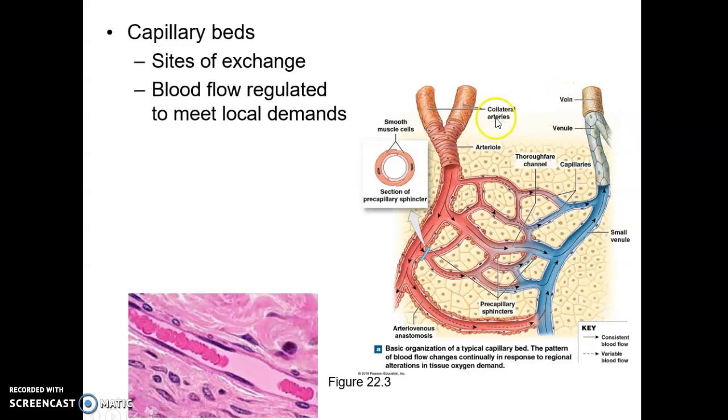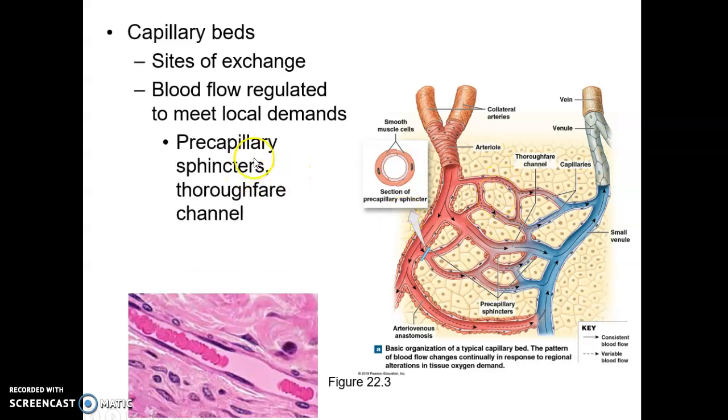Okay? After a big meal, the blood flow is increased to the capillary beds at the digestive tract, but decreased at the capillary beds to the skeletal muscle. That whole thing about rest and digest, the parasympathetic activation. So how is this regulated?